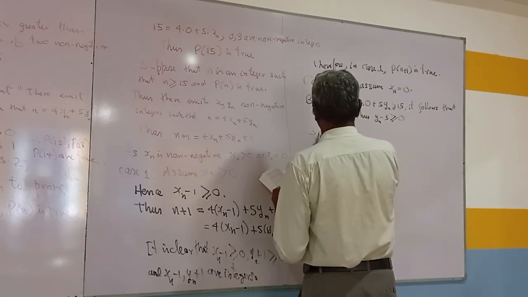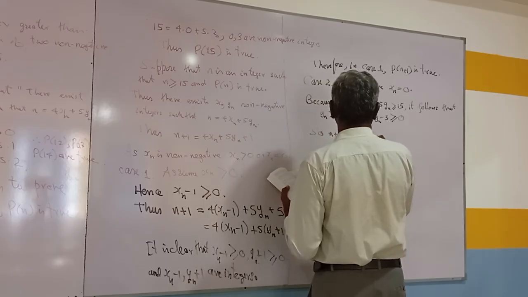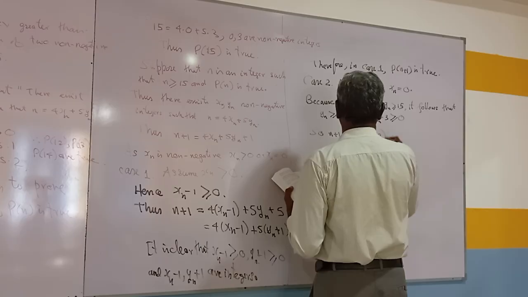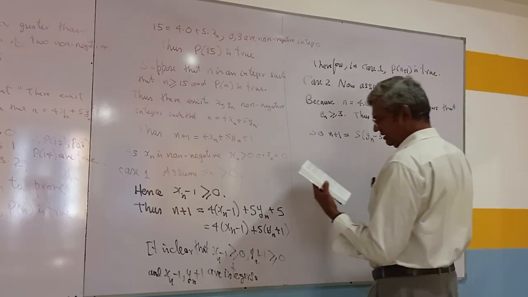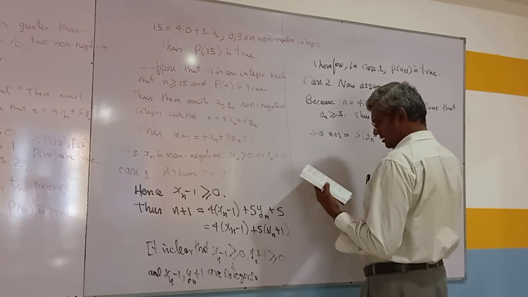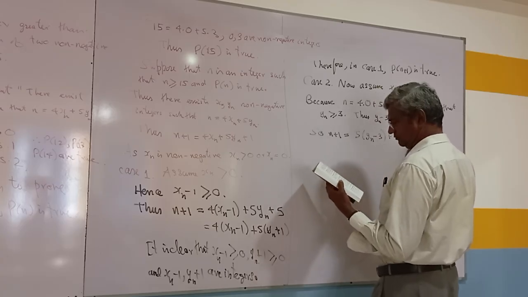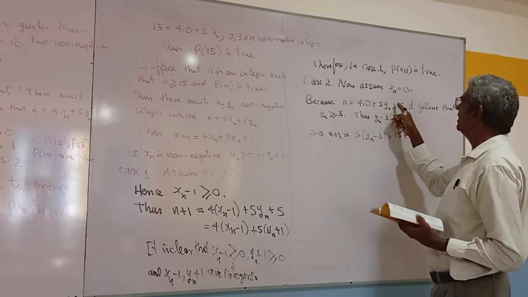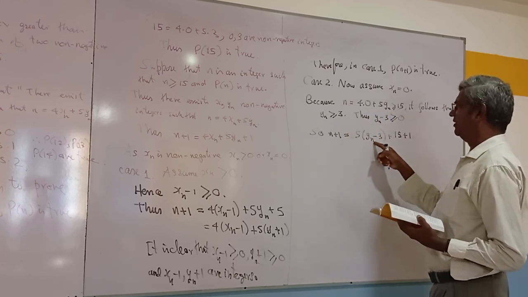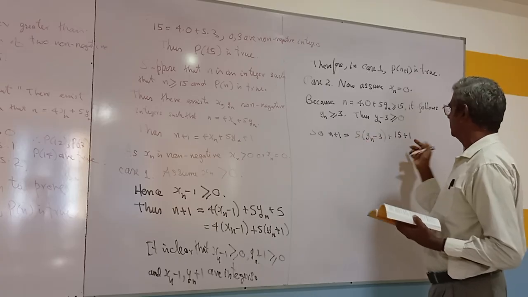So, n plus 1 equals 5 times yn minus 3, plus 5 times 3, which is 15, plus 1. Because my n is 5yn, so 5yn here, minus 15 plus 15 cancel out, plus 1 here.